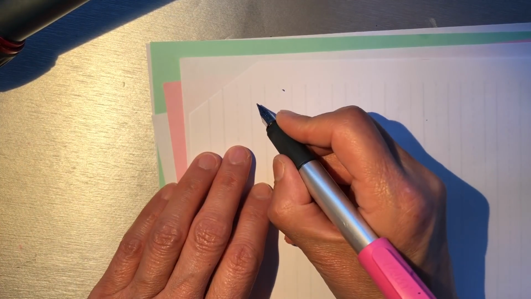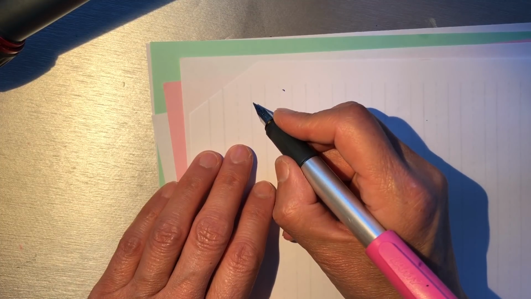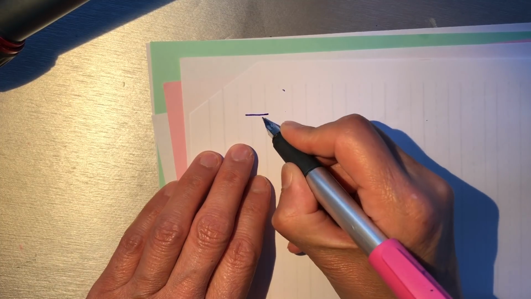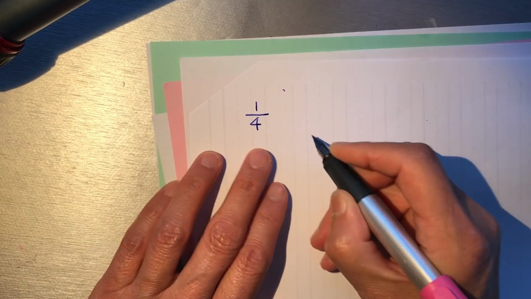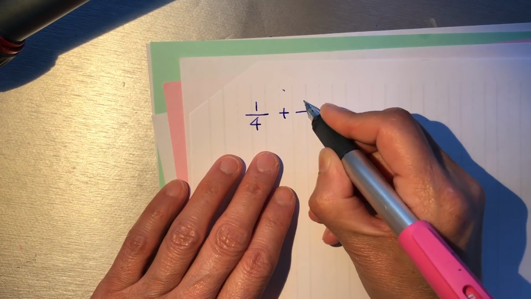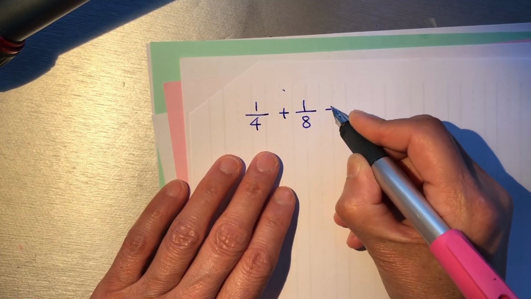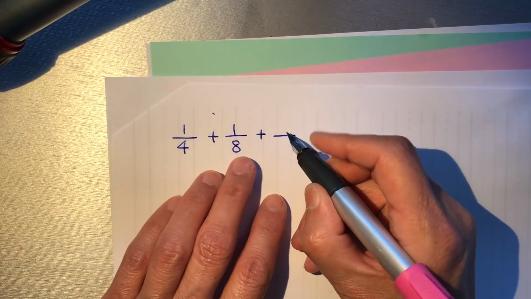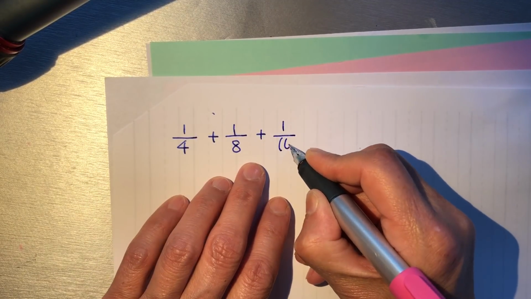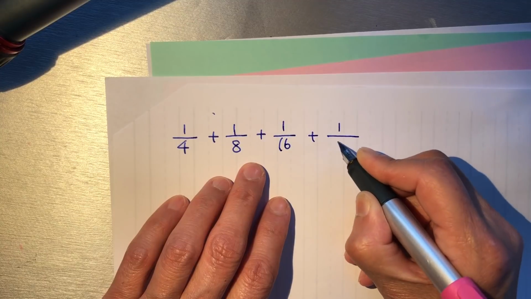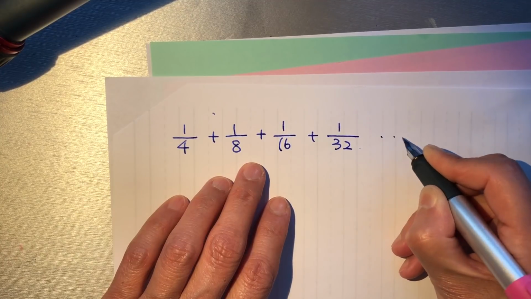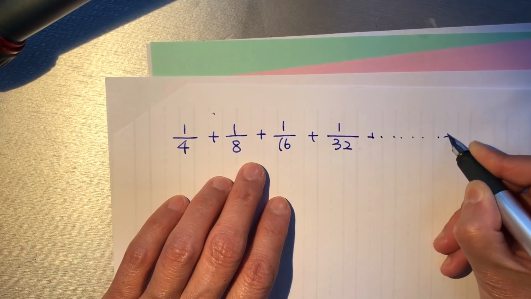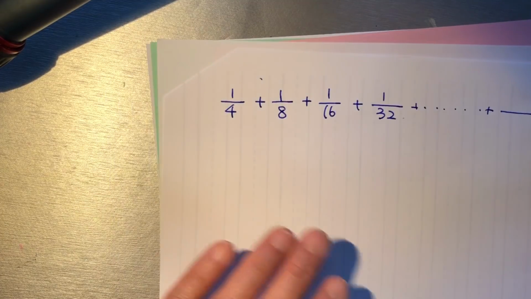So we first copy it: 1/4 plus 1/8, 1/16, 1/32, plus what?